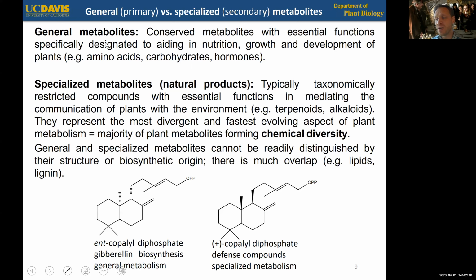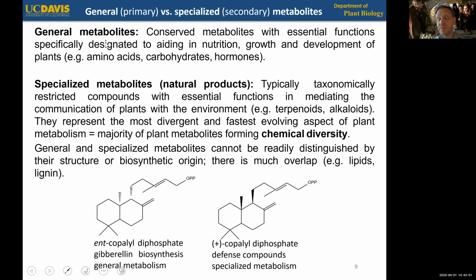As part of this, as languages evolve and diversify, unlike general metabolism, specialized metabolism is extremely diverse and actually is the fastest evolving aspect of plant metabolism, right? Basically in the arms race of plants with their environment and their communication, they continue to evolve new compounds to fine-tune that interaction with the environment.